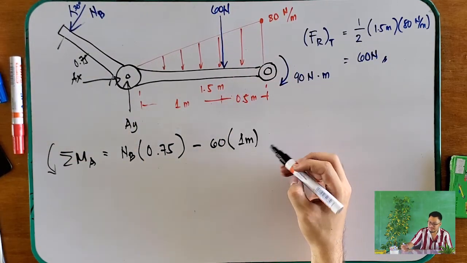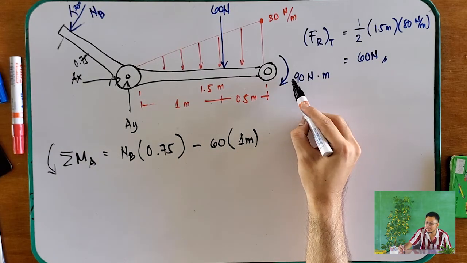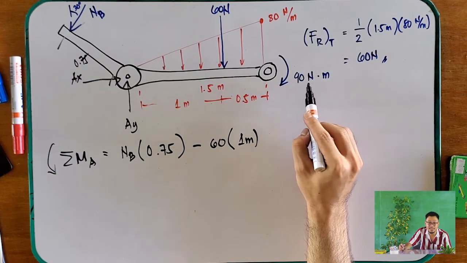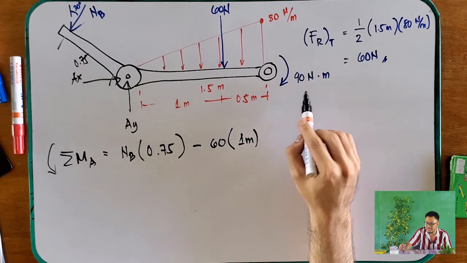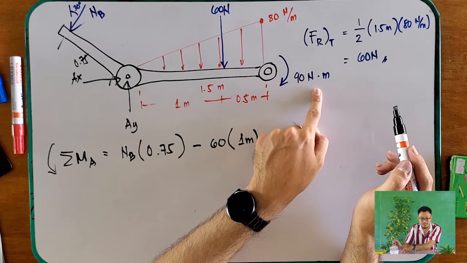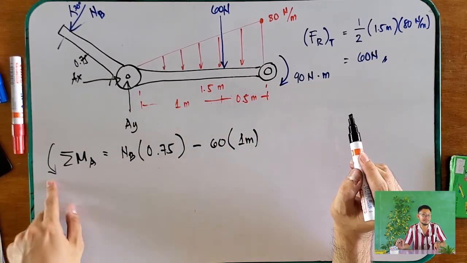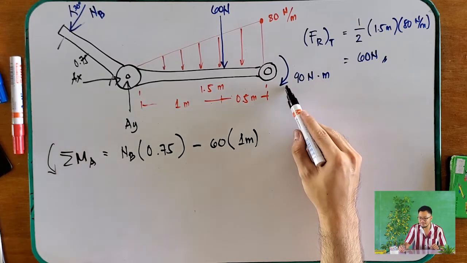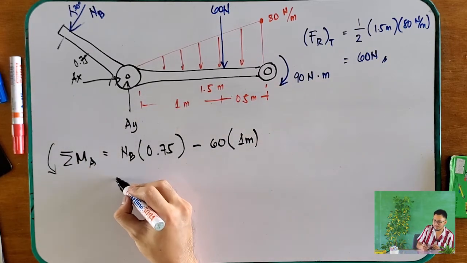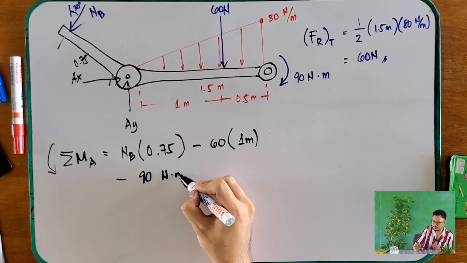Okay? And then, take note, we have a moment. There is an external moment that is applied in this one, which is in the clockwise direction, 90 newton meter. So, since our sum takes counterclockwise as positive, therefore, this one should be negative 90 newton meter.